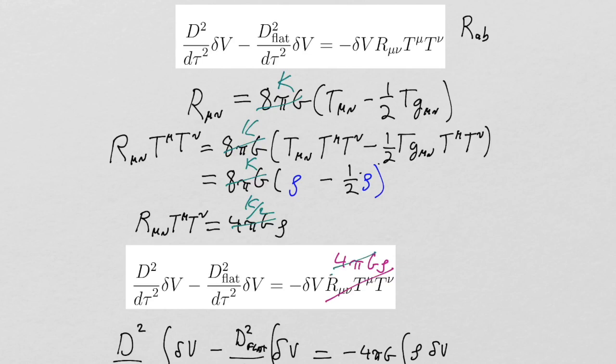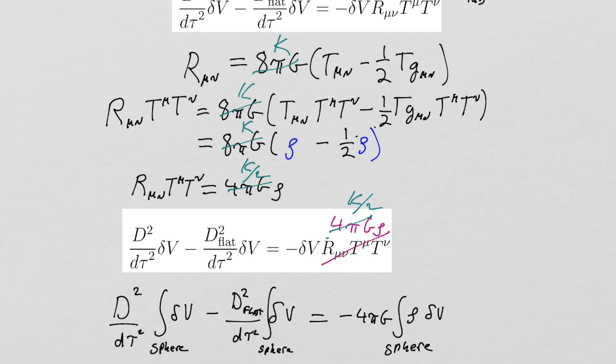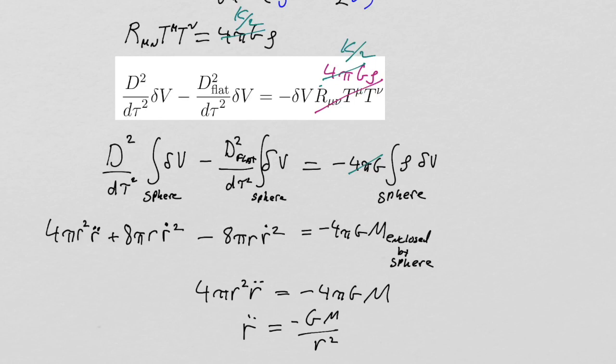This would have been k over 2 here, and here, and here, and here. And we would have landed with this expression here. It would have been something like this, right?